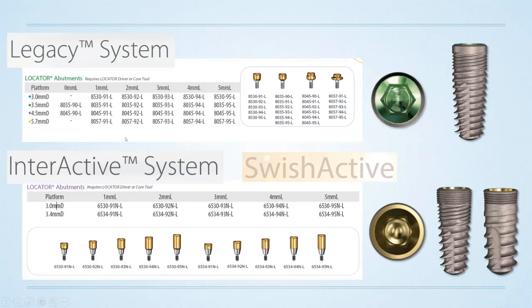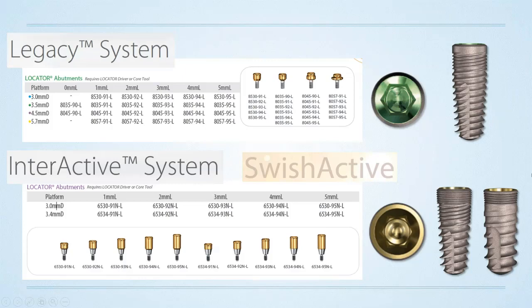How we would order it is, I'll show you how to measure the soft tissue depth, but we're going to choose our platform, which is set by my implant that was placed by either myself or my oral surgeon, periodontist, etc. Then I'm going to measure the soft tissue and choose one of these numbers right here, and then I'm going to order this part number from my Implant Direct sales rep or online.